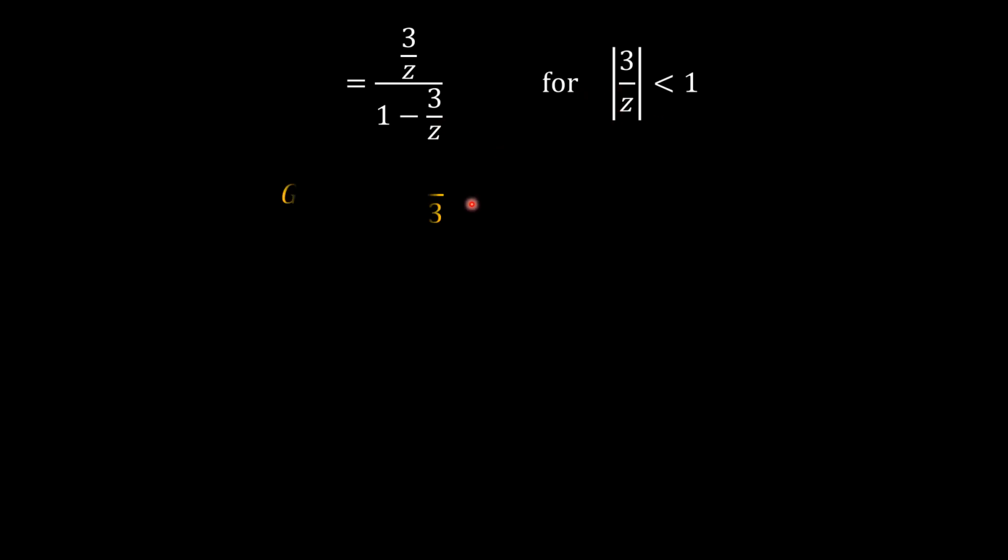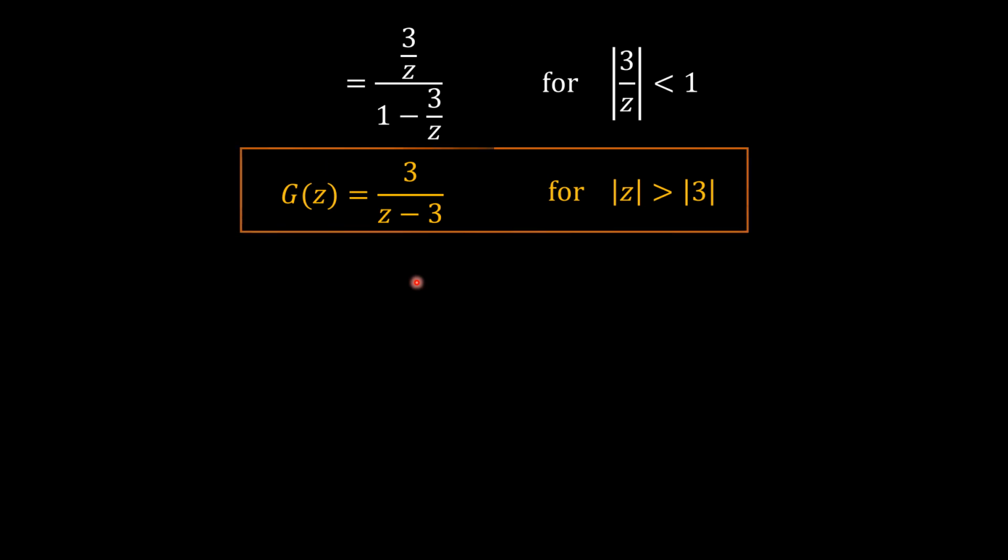Simplifying this, we get G of z equal to 3 upon z minus 3 for mod z greater than 3, which is the Z transform of the sequence 3 raised to n, where g of n is equal to 3 raised to n.